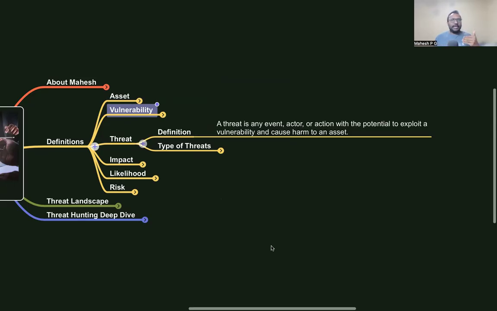For example, an unlocked home: the thief is the threat who opens the door and steals the valuables. The impact is that the valuables, the asset, have been stolen. That is the threat, an event, actor, or action that exploits a vulnerability.